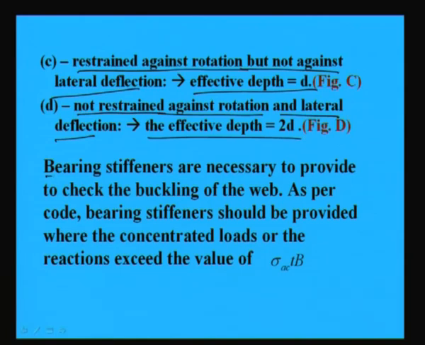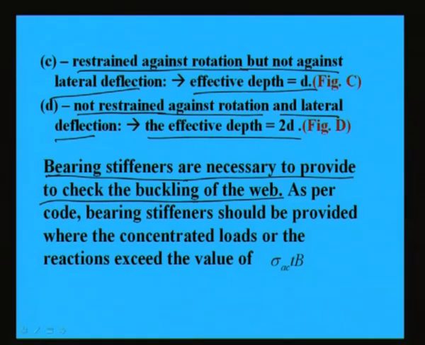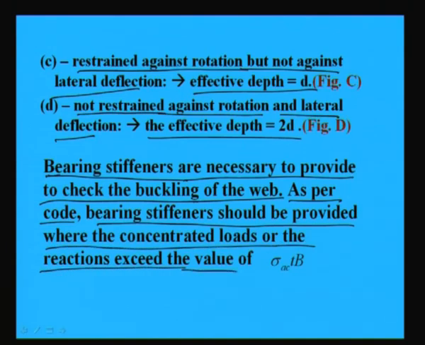Now, bearing stiffeners are required for this. Bearing stiffeners are necessary to check the buckling of the web, because to restrict the buckling of the web we need to provide some bearing stiffeners. As per code, bearing stiffeners should be provided where the concentrated loads or the reactions exceed the value of sigma AC into T into B, where sigma AC is the allowable compressive stress in that section, T is the thickness and B is the width, right.